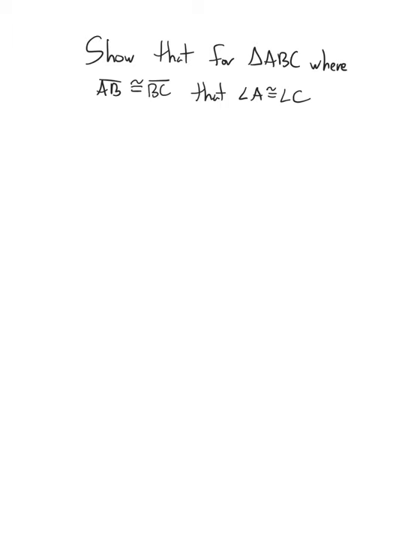So let's draw a little bit of a sketch just to see what's going on here. We'll call this A, we'll call this B, I'll call this C. And we're saying that those lengths are the same.